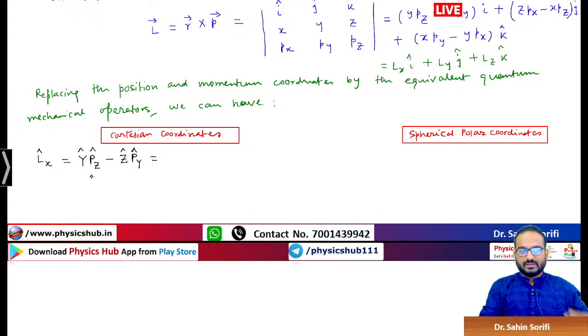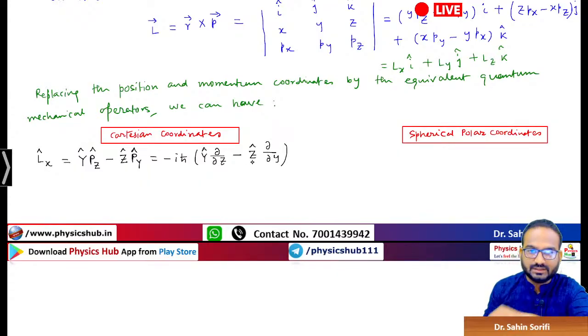Now you know y is y, pz is minus i h cut del/del z. So Lx is minus i h cut (y cap del/del z minus z cap del/del y).